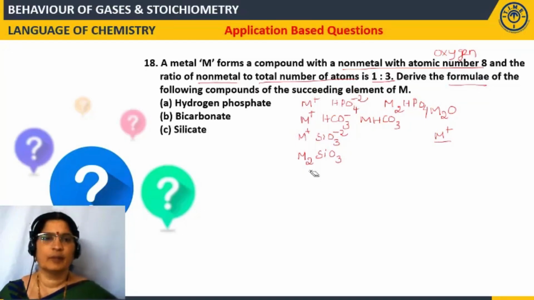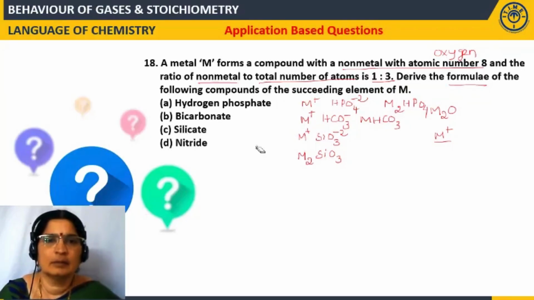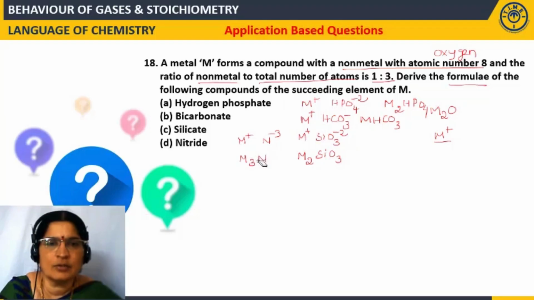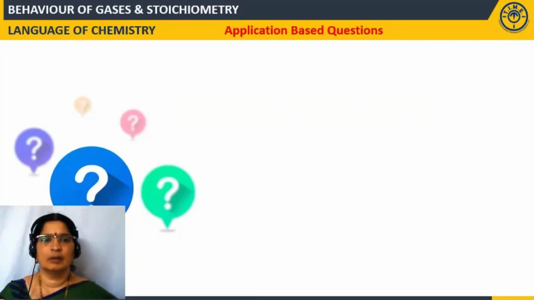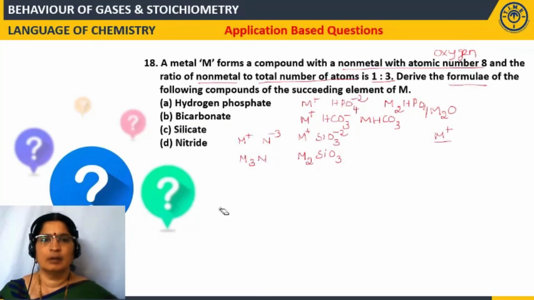Okay. Nitride: M plus and N minus 3. Nitride is N minus 3, that means M3N should be the formula. Hope you have understood how to write the formulae.